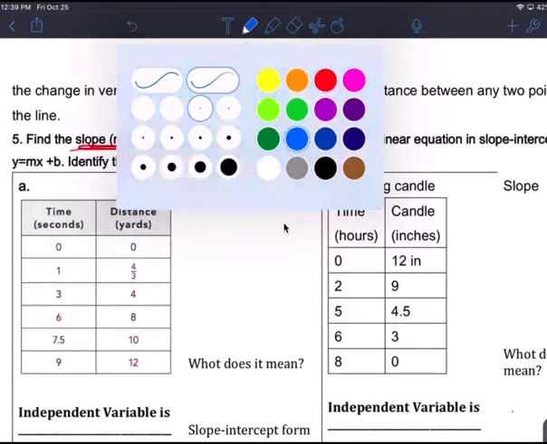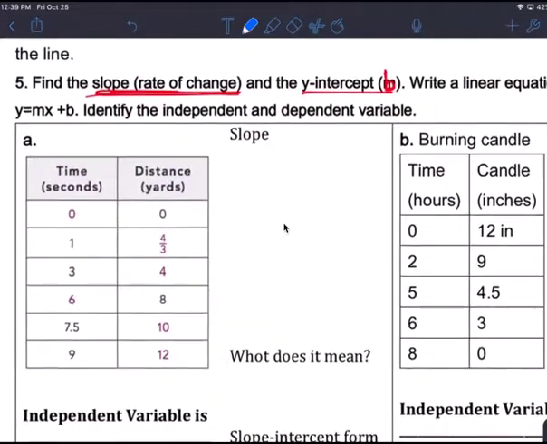Okay, so slope here is, let's pick 2 points, any 2 points you want. First point is x sub 1, y sub 1, x sub 2, y sub 2. Okay, so slope is letter m, that's also known as rate of change.